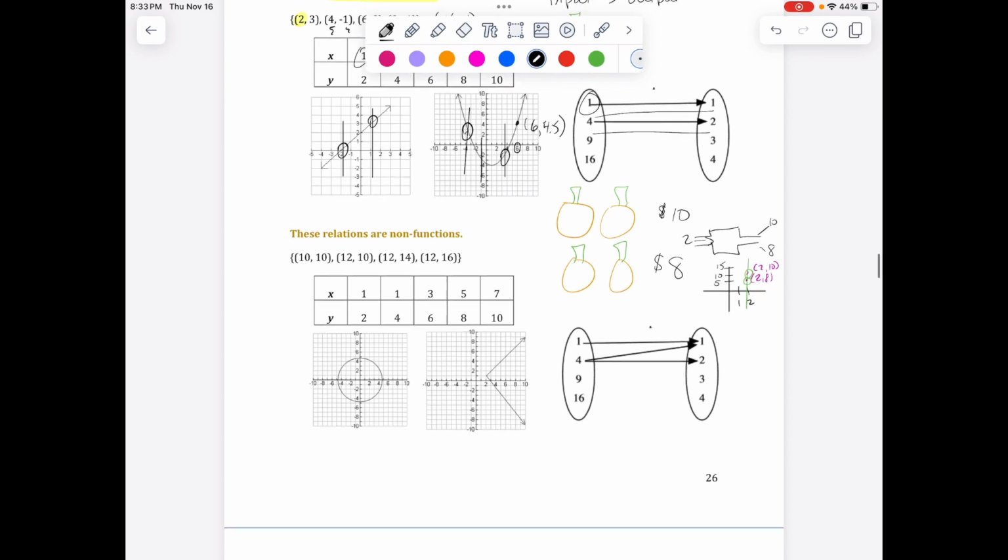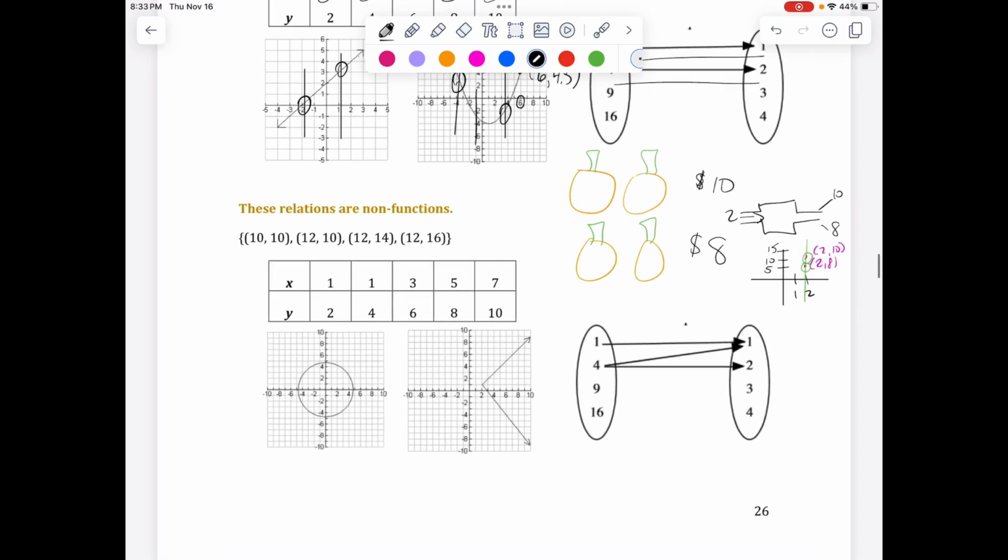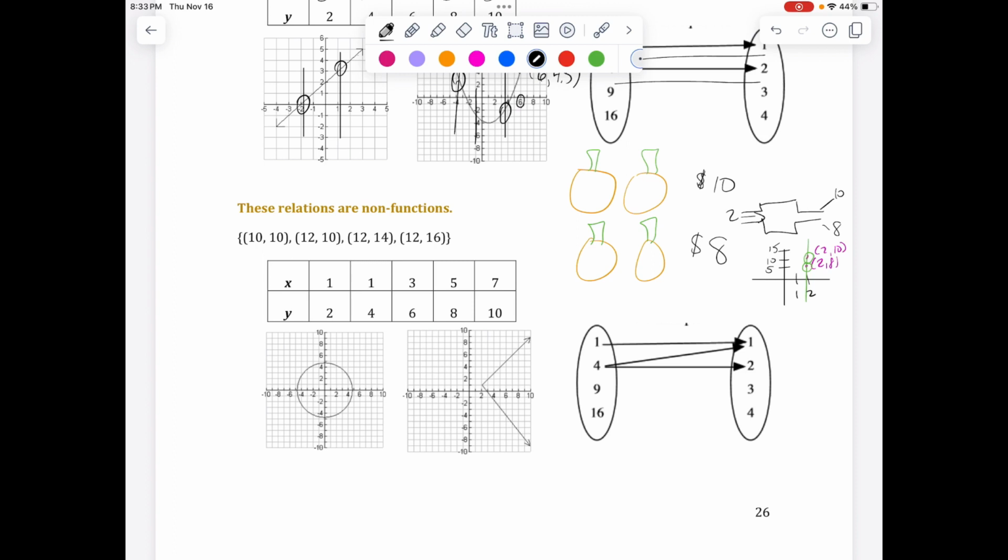Now, those are functions. These are non-functions. For an input here of 12, we get an output of 10. And then for an input of 12, we get an output of 14. We can't get a different output for the same input.